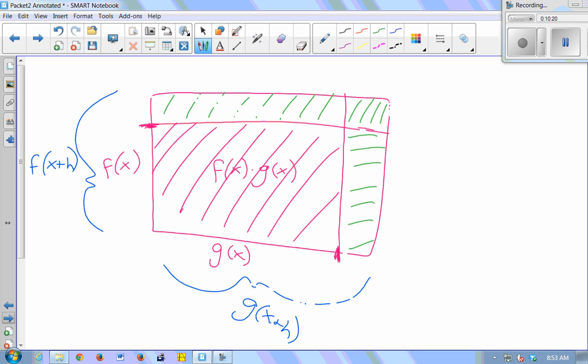What is that distance? It's not h, because this distance is f of x, and this distance is f of x plus h. Don't try to be too fancy. Yes, f of x plus h minus f of x.